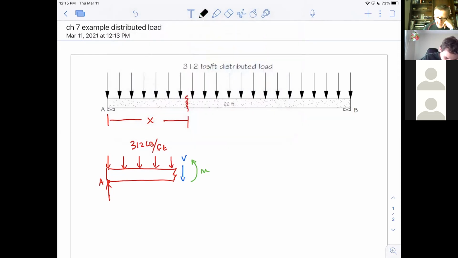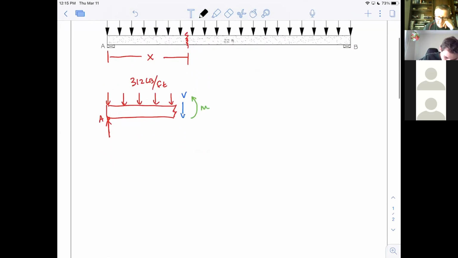So please blurt this out. Let's kind of do this together, but I want to try to give you a chance to do this a little bit ahead of me. What's the reaction at A? You got to find that before we start. What's the reaction at A? I got 3,432 pounds.